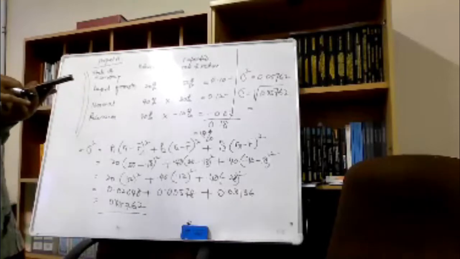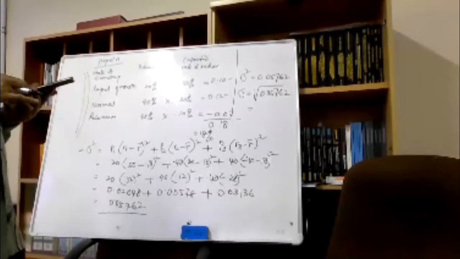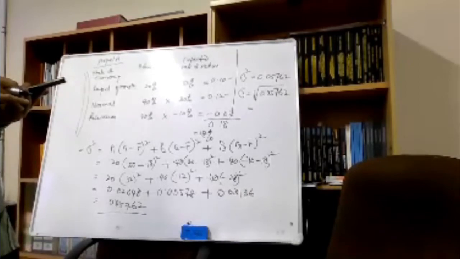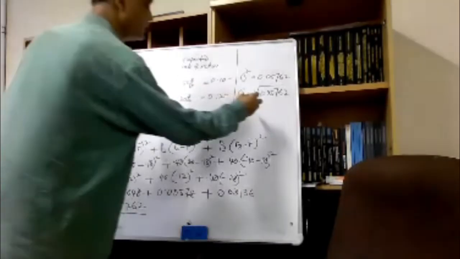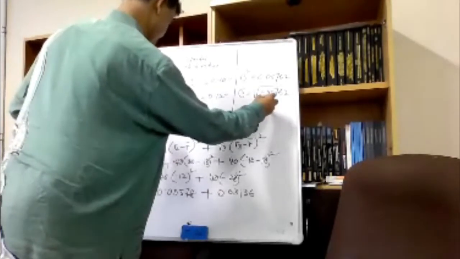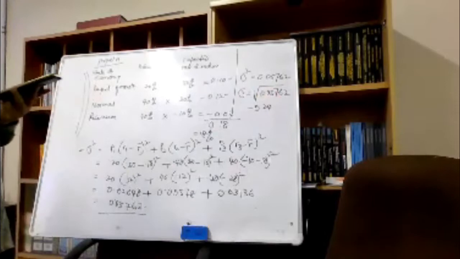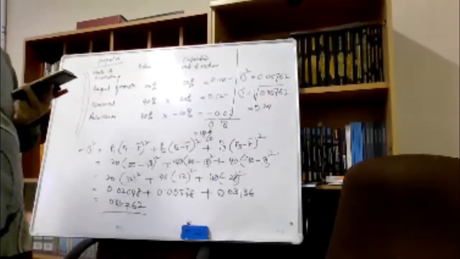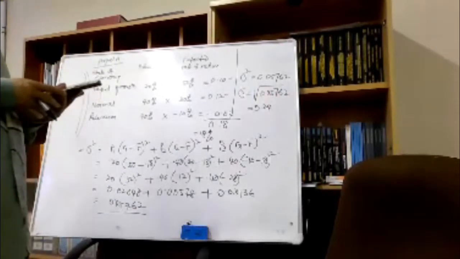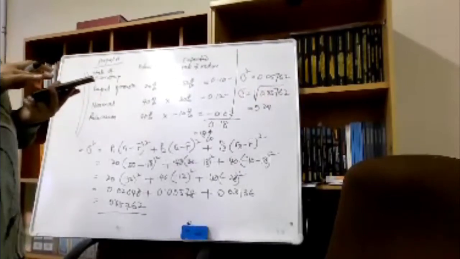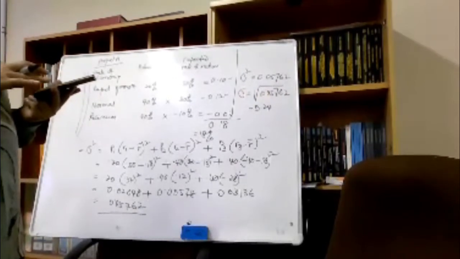What do you get? Do you get 0.24? So I just write 0.24. Is that okay? Two decimal places, sir.